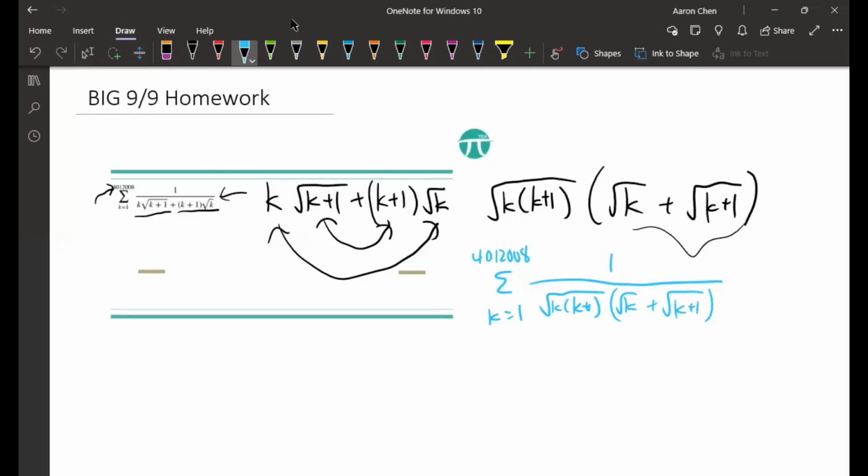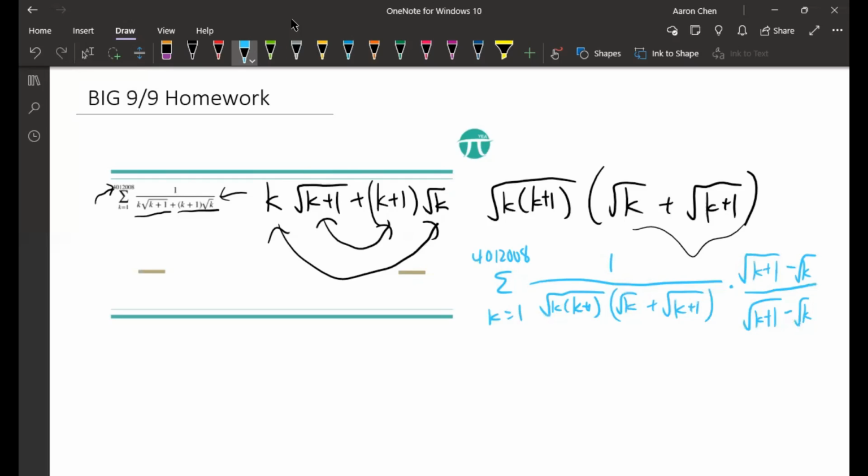So next, what you can do is do what you kind of would usually do when you see something like this, which is multiply by a conjugate. So in this case, it would be the square root of k plus 1 minus the square root of k. And obviously, like in most problems like this, you would be multiplying both the numerator and denominator by the same thing, because otherwise you are affecting the value, and that would definitely affect the sum.